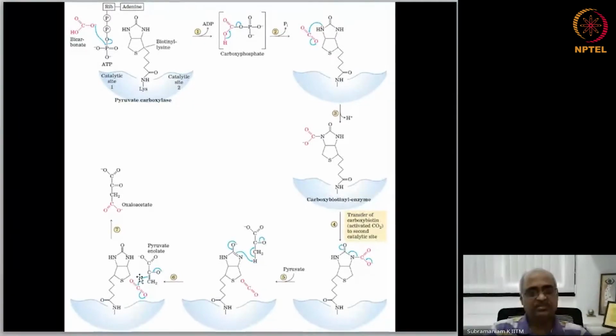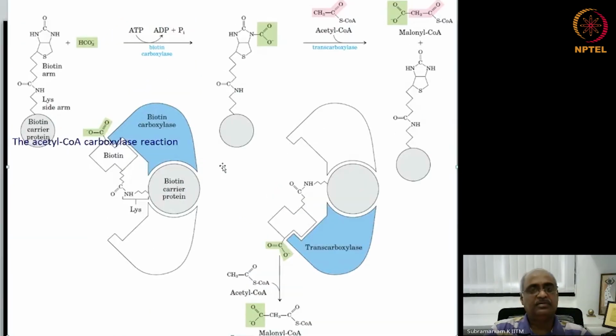Okay, so this is the enol group here, and that sets up another nucleophilic attack, leading to formation of this oxaloacetate, this carboxylated pyruvate. Okay, and releasing the enzyme back. So this very same mechanism is what happens here again. So here again it is the same reaction, ending up carboxylating the acetyl-CoA.